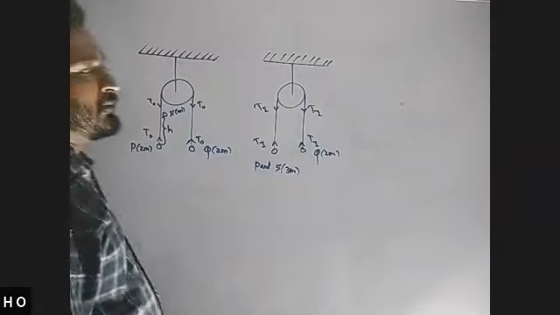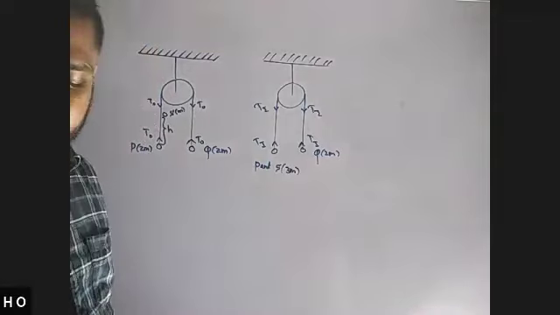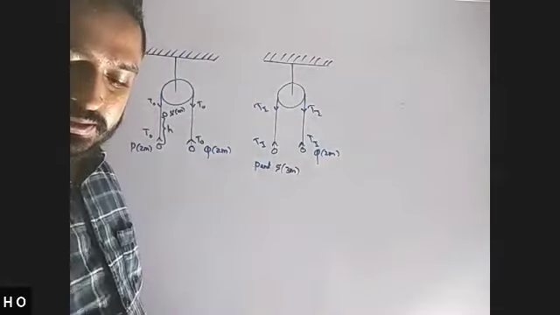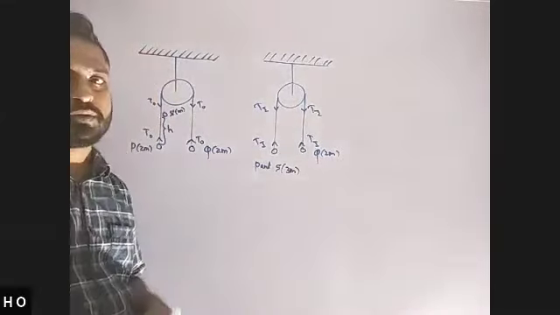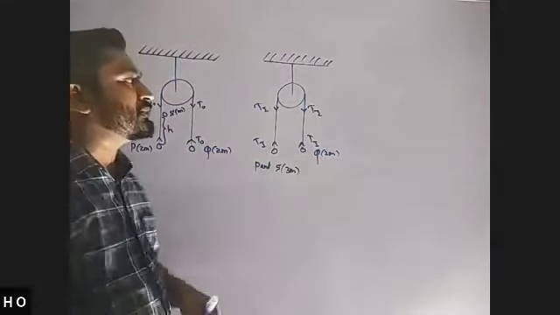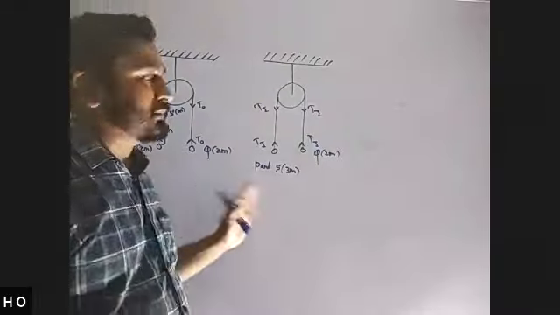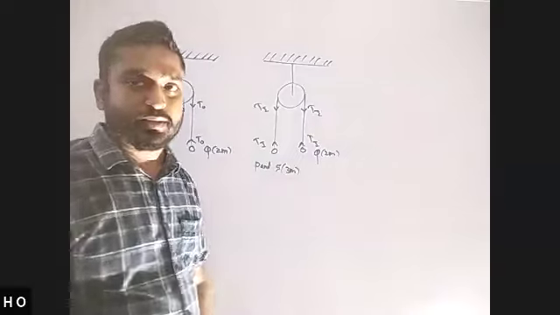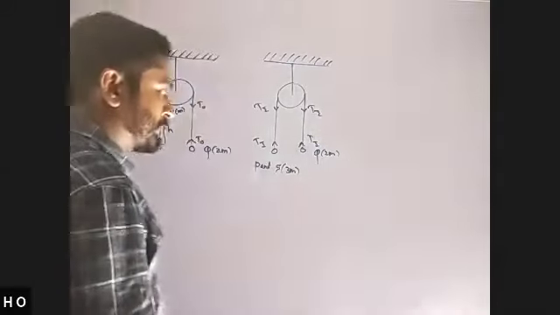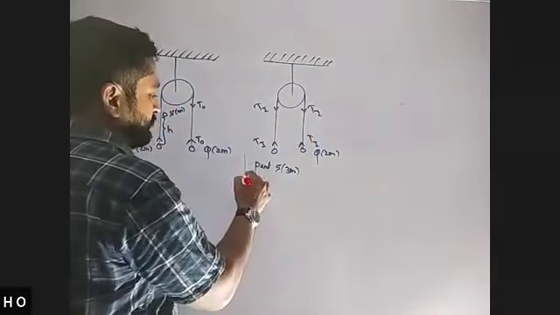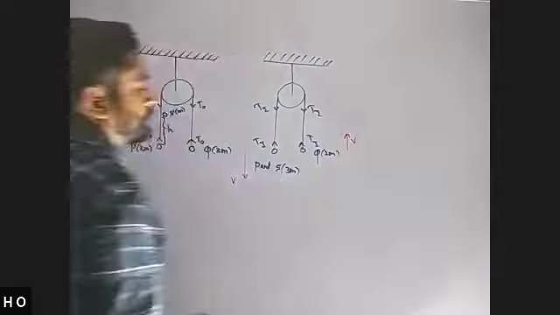Just after the impulse, they start their motion with a velocity, one up and the other down. As they are connected by a string, they have the same speed, so this will go down with V and this will go up with V.